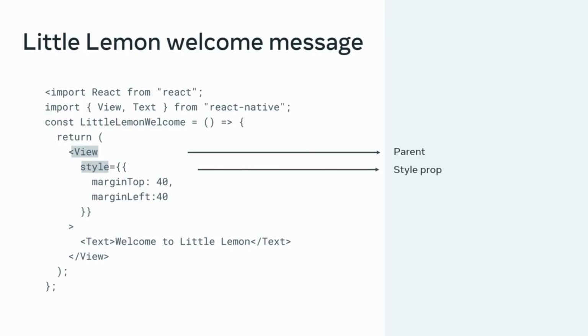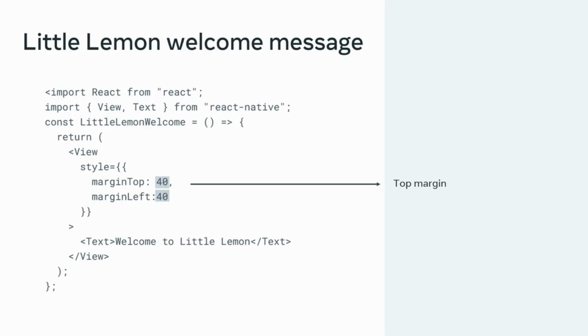The style prop, as the name suggests, can contain the styling information for the view component. For the styling, I have added 2 margin parameters, a 40 pixel margin on the top and a 40 pixel margin on the left. The outcome of these 2 parameters is that the text component displays the text on the screen within the view element and contains the margin on the top and on the left.